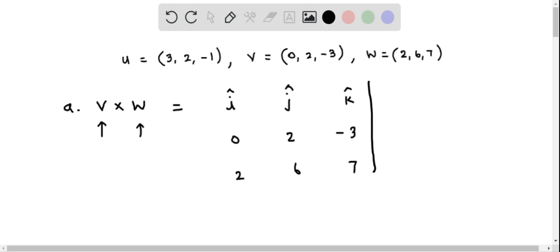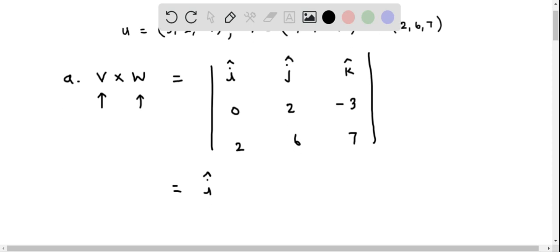And so we have to evaluate this determinant. This can be evaluated by expanding along the first row. When we do that, we put the first unit vector, i vector, and multiply it with the 2 by 2 determinant, leaving the row and column represented by the i vector. That is, here it will be 2, negative 3, and 6, 7.